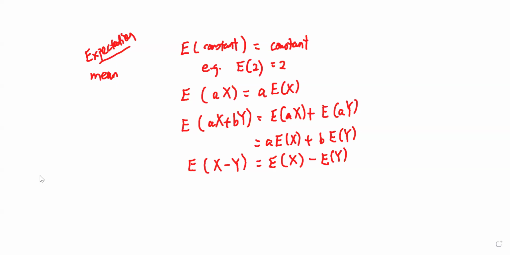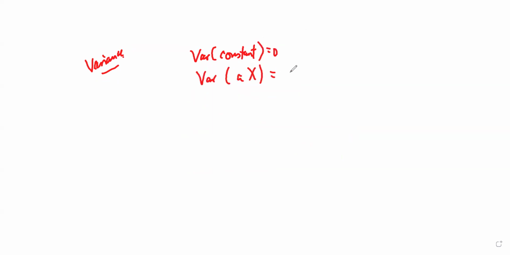So with that in mind, moving on to variance concepts. We know that the variance of a constant is equal to 0. The variance of a constant multiplied by x will be a squared times the variance of x. When you pull out the constant, you get a to the power of 2, a squared.